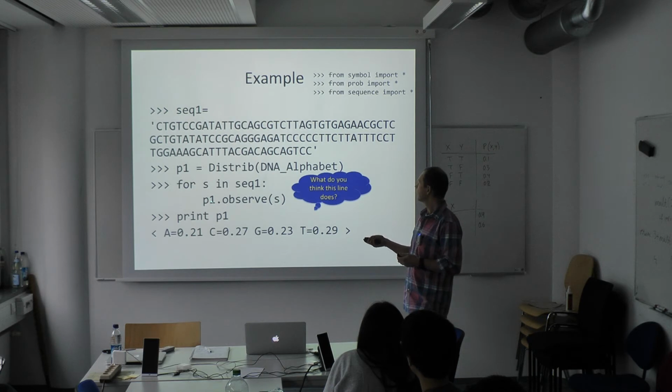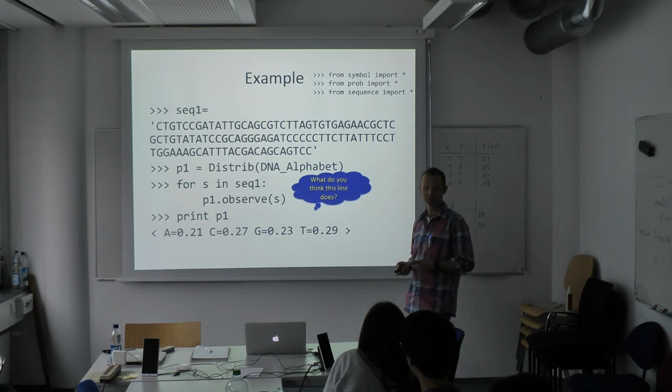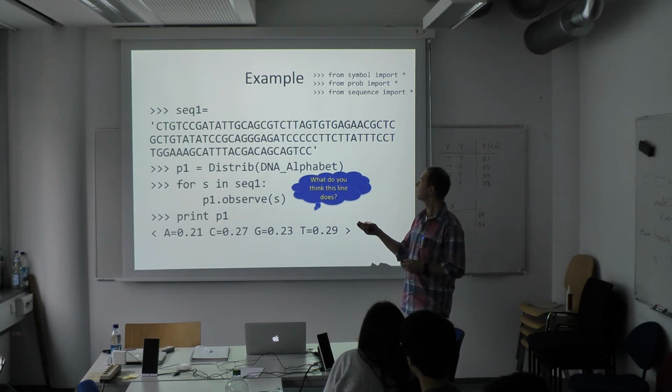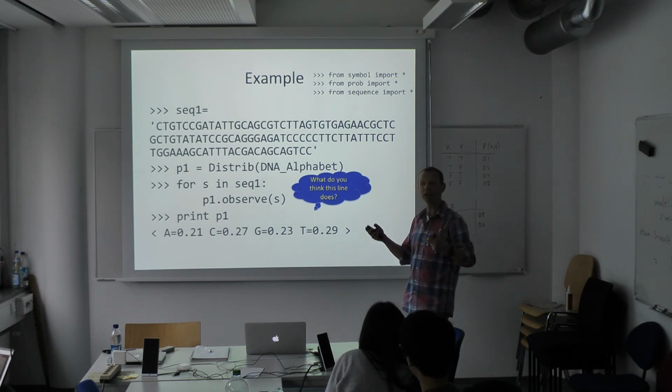So what do you think happens in here? Is it doing anything complicated? It's just counting the symbols. So for each one, it will say, okay, I have a C, and then a T. It will just keep track of the counts here.